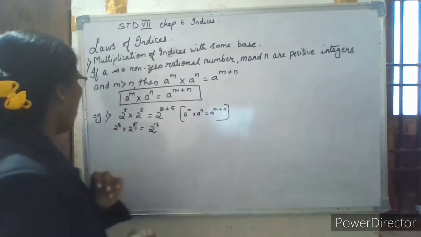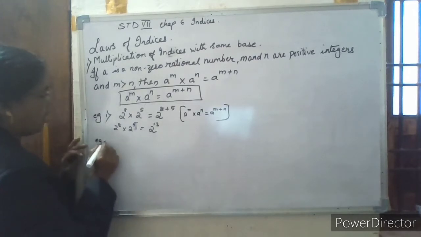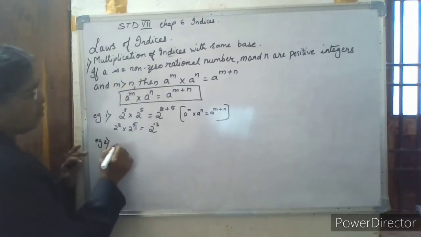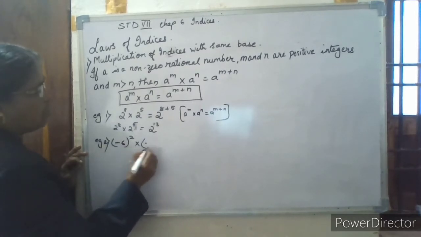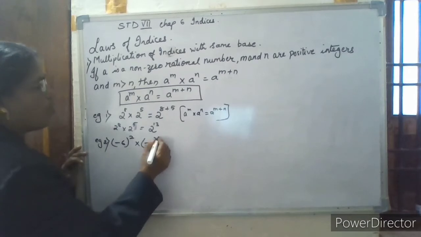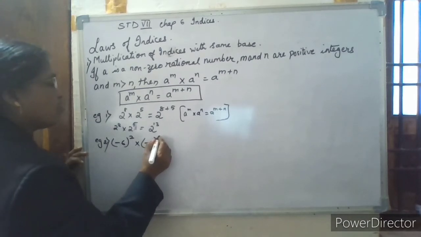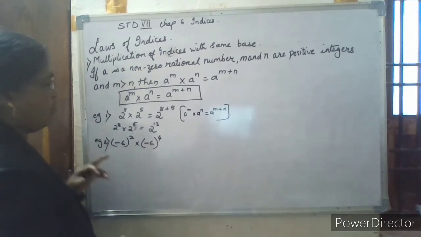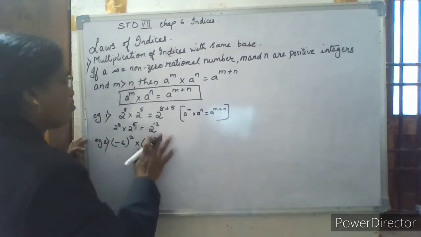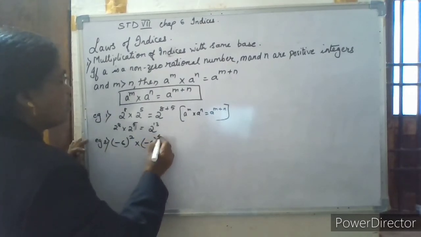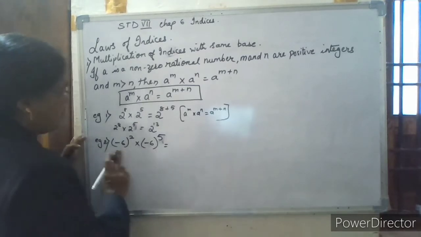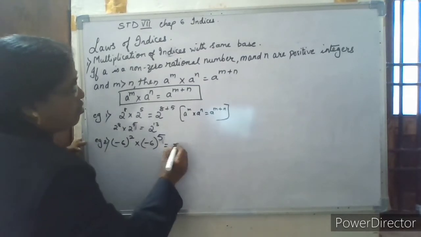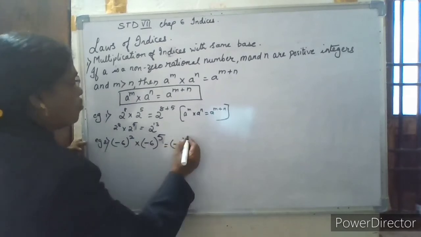Second example, example 2. Suppose it is given as minus 6 the whole raised to 2 into minus 6 the whole raised to 5, suppose. I'll take any number. So it will be equal to, as this base is minus 6, minus 6 the whole raised to 2 plus 5.